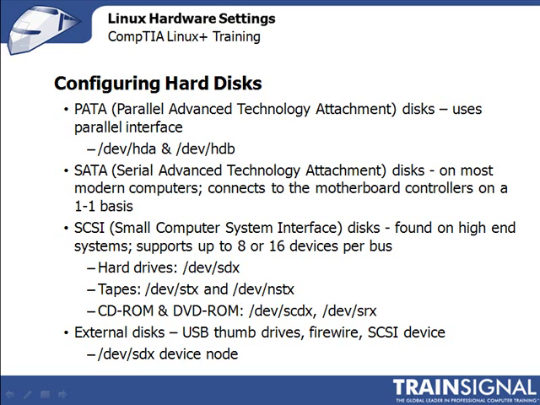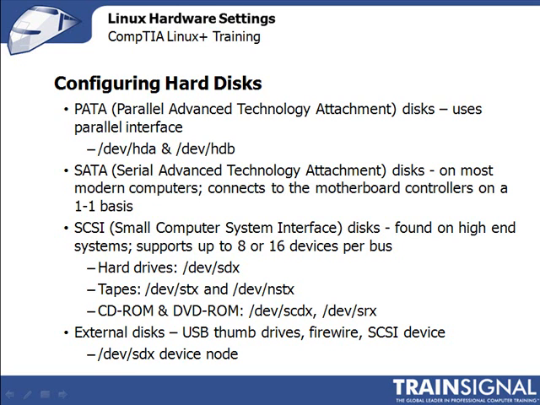One thing to remember is that some devices like USB drives and SATA disks are mapped to the Linux SCSI subsystem. So the SCSI ID assigned to a device has no real bearing on its actual location. The last thing I'd like to note here is how external disks fit into this scheme.